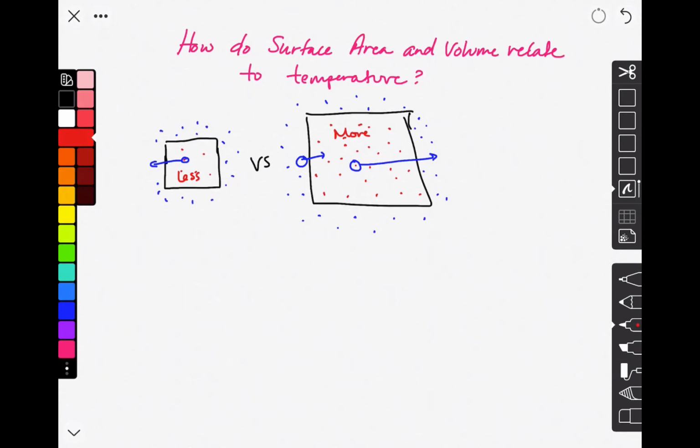Now, this is assuming that they're a cube. Of course, if we had a big thing that was very, very flat and had an incredibly large surface area relative to its volume, it would lose heat, just as you noticed in the agar in the third week of class.